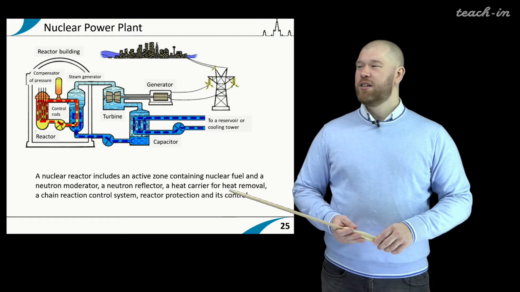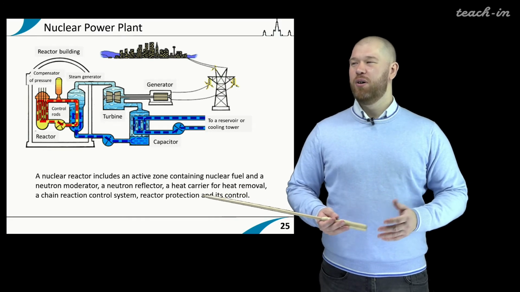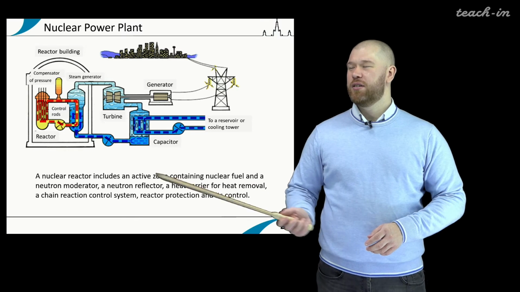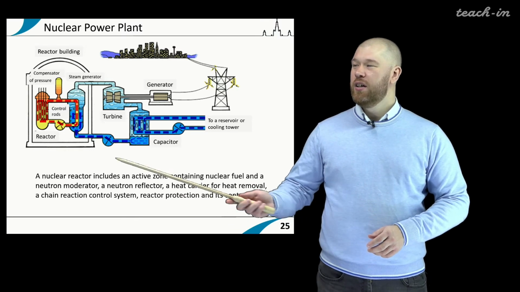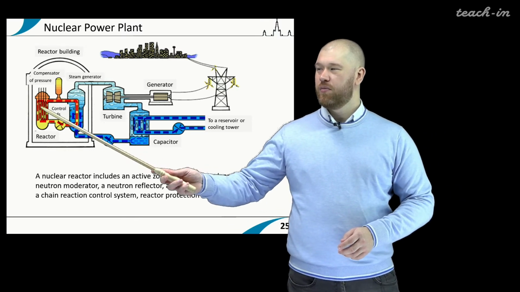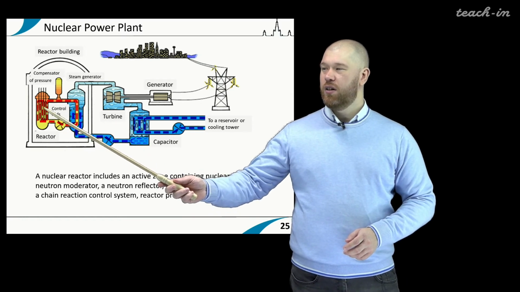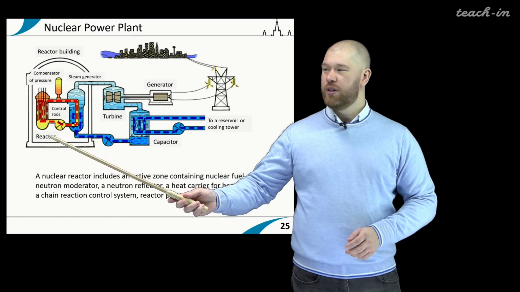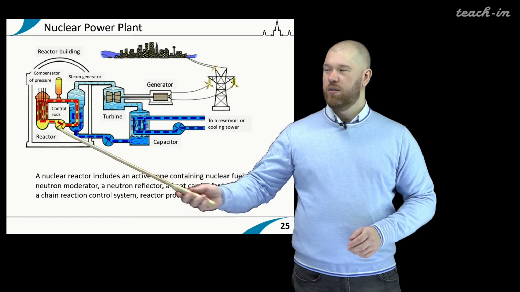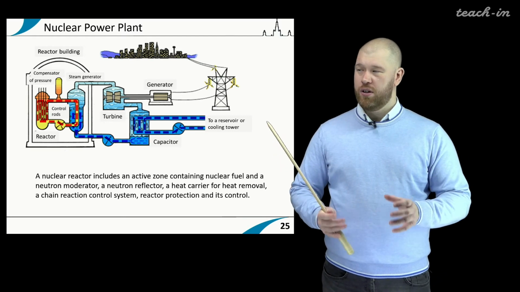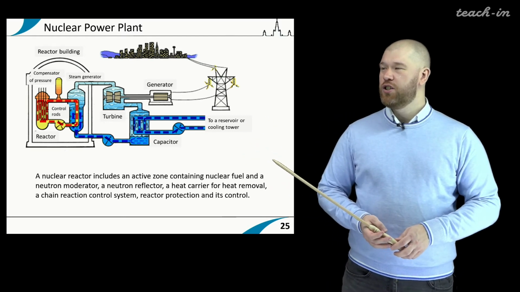Schematically, the principle of the work of a nuclear power plant is the following. Inside the active core of the reactor, there is nuclear fuel in assemblies. Nuclear reactions are going on, and they produce a lot of energy, a lot of heat.